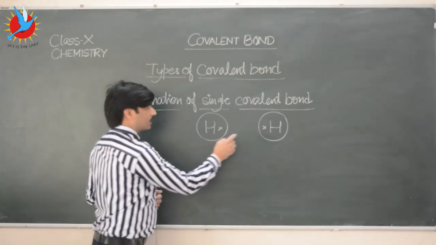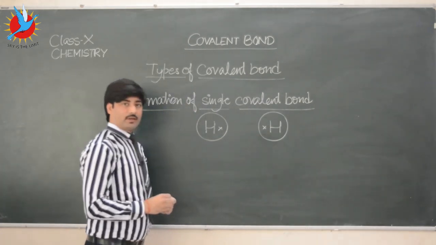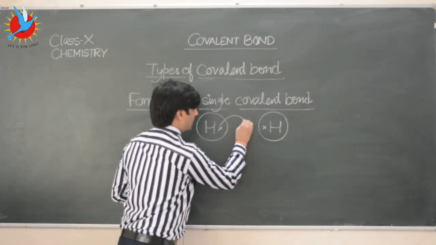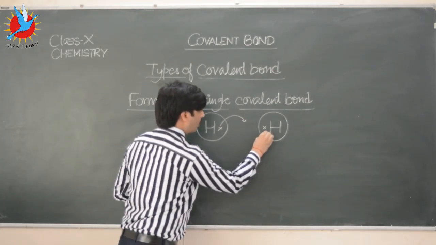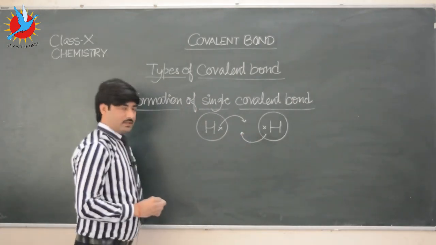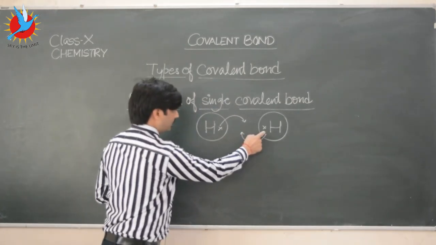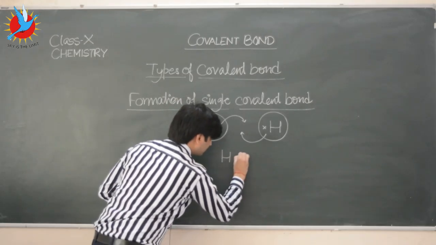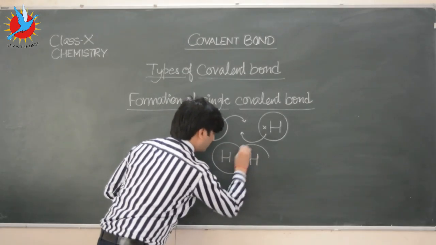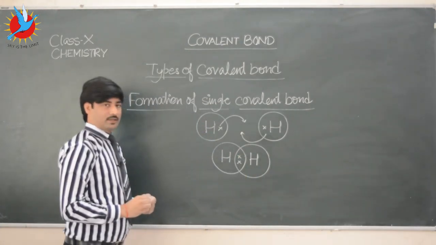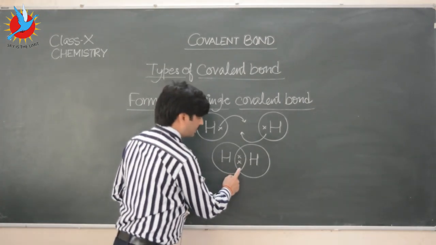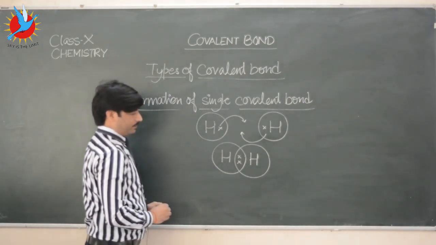Both of them have 1 electron, and to get a stable electronic configuration, both of them will share 1 electron pair with each other, and each atom will contribute 1 electron to get the stable electronic configuration of the nearest noble gas, that is helium.